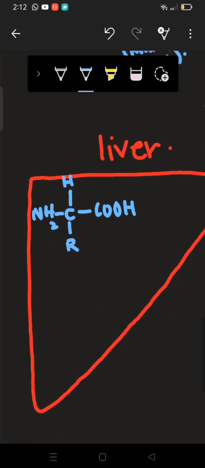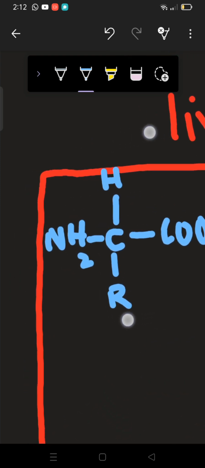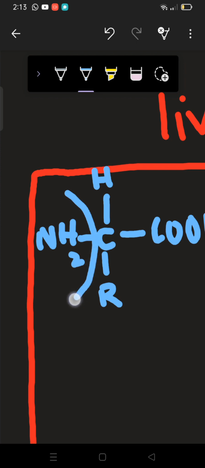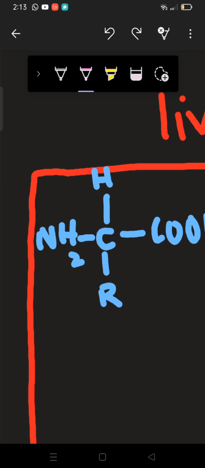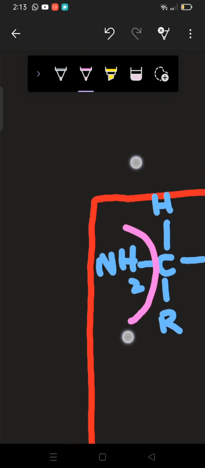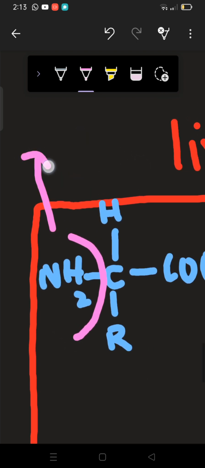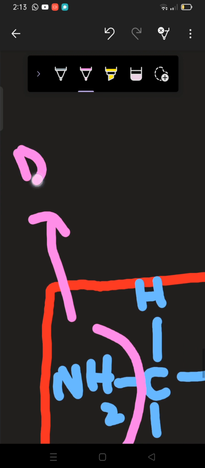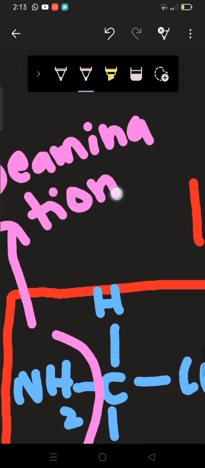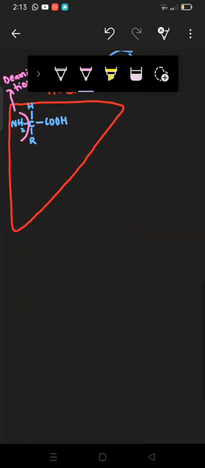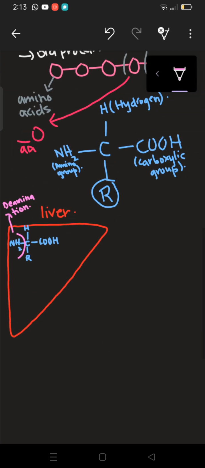Now what will happen? This we have to cut. Let me use another color so that it is visible to you. The process of cutting this amino group from the amino acid is known as deamination.